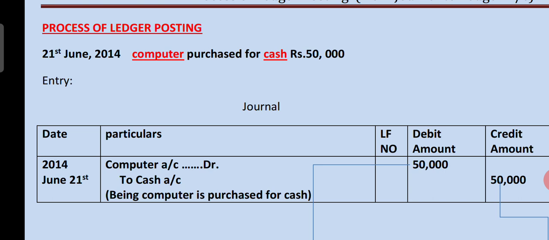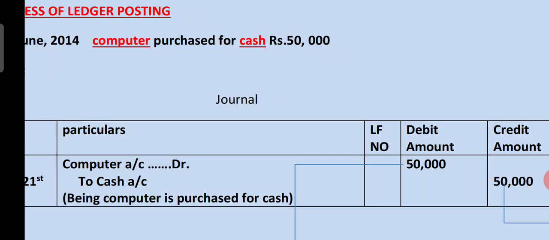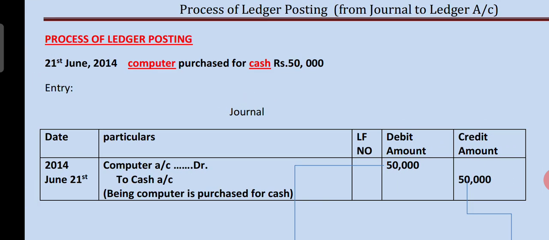In the debit column we've written 50,000 rupees, and the cash account, that is the credit entry, we've written in the credit column rupees 50,000, and the narration is being computer is purchased for cash. So you know the way how to write the journal entry for the given business transaction.